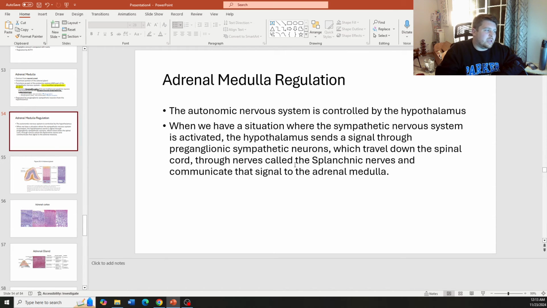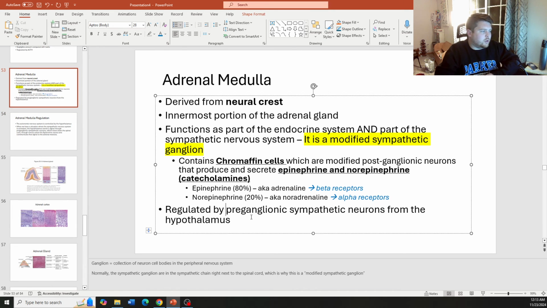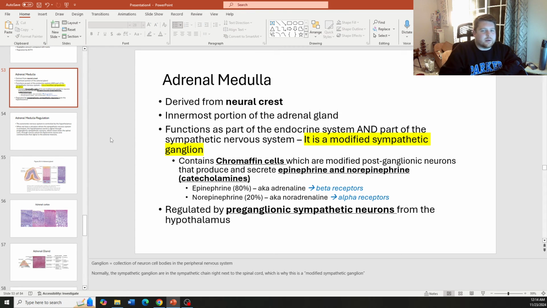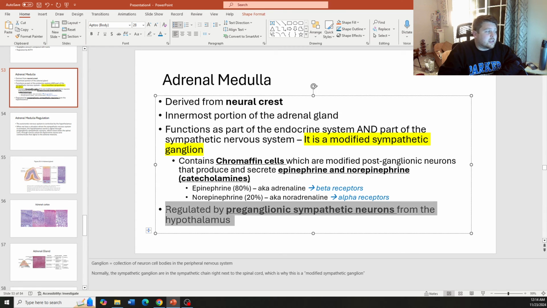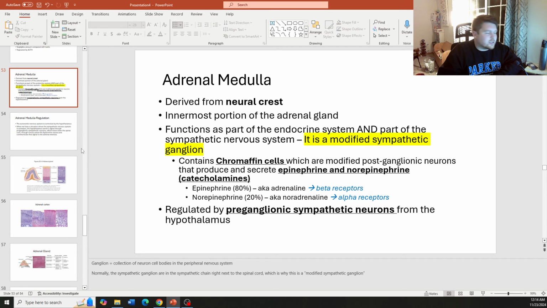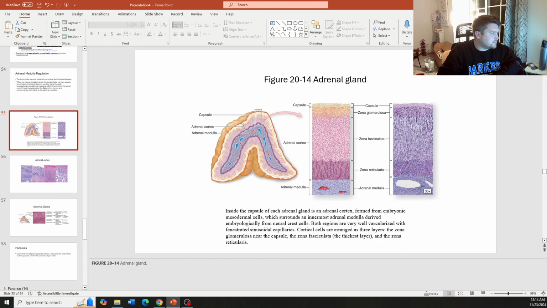And that's where we get the stimulation to have the response of releasing epinephrine and norepinephrine into the bloodstream. Cool. This is a little bit more detail than you need. You want to remember preganglionic sympathetic neurons, but I wanted to take it a step further because you will talk about this eventually in future courses as well.